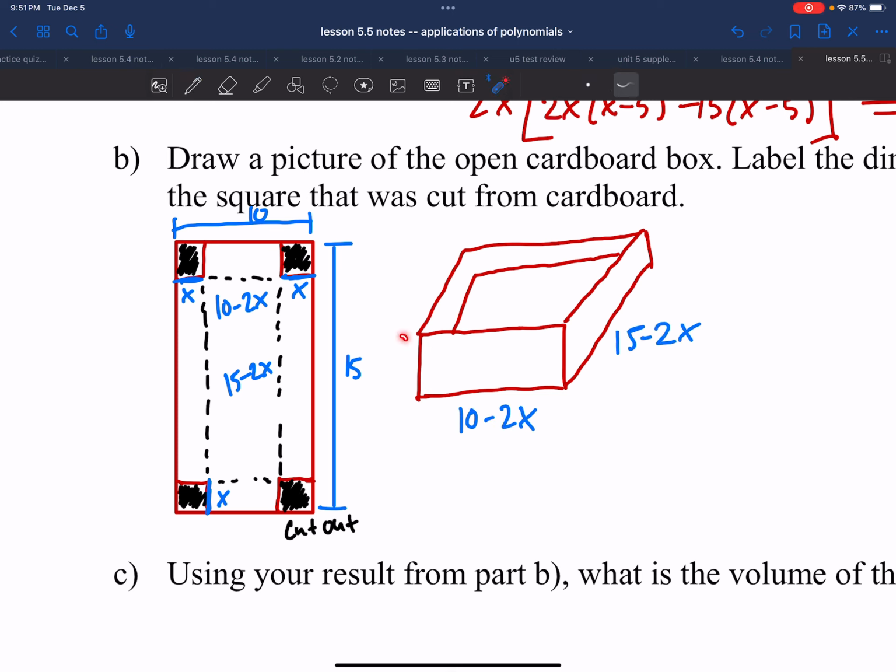You might ask yourself, well, what's the height of this box? Well, this piece you cut was x. And so when you take this piece and you fold it up, it's x long, which means this height is x.